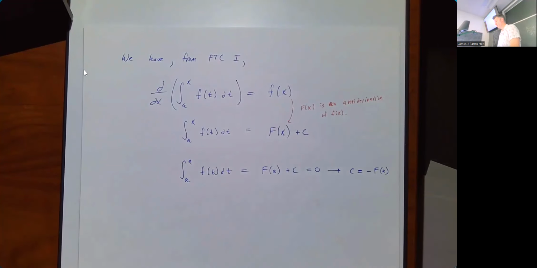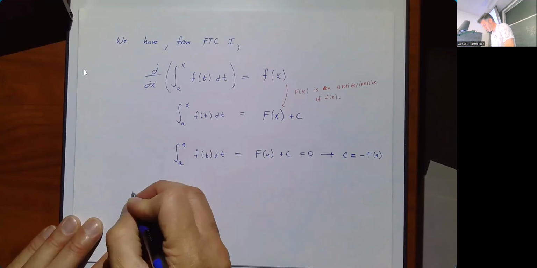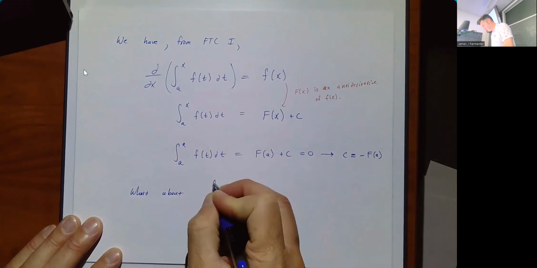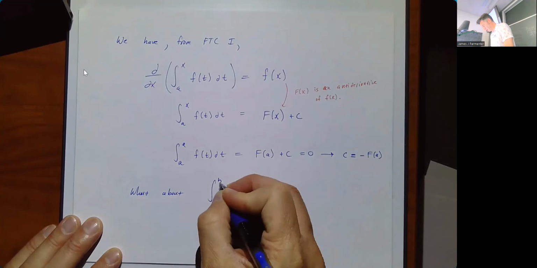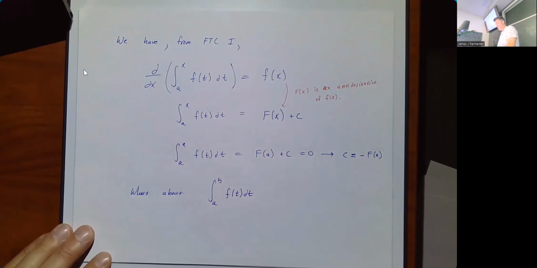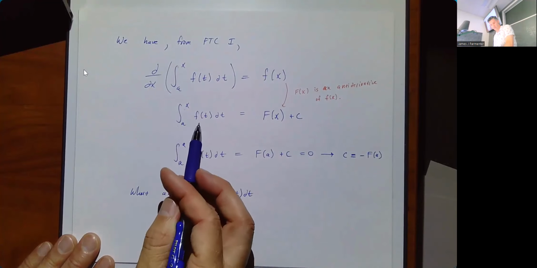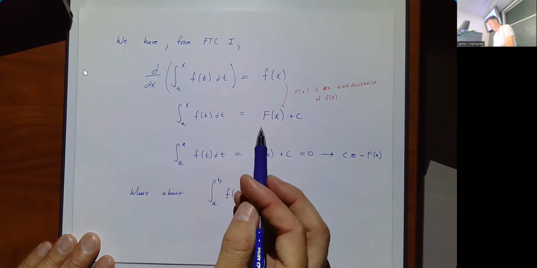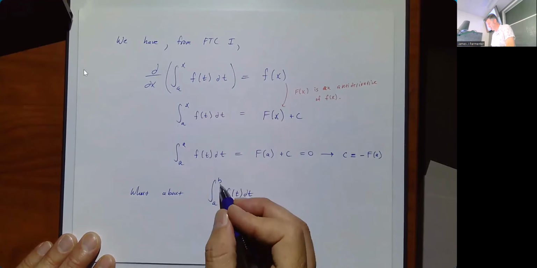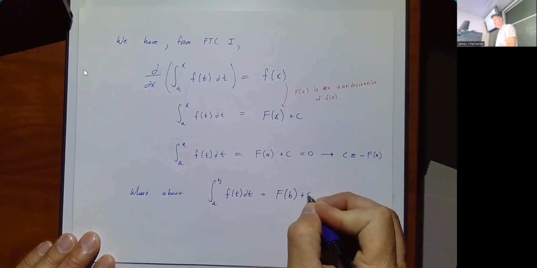Cool. So now here's where the magic happens. What about the integral from a to b of f of t dt? Well, we know the integral from a to x of f of t dt is equal to capital F of x plus c. I'm just replacing the x with b, so I'm going to get capital F of b plus c.